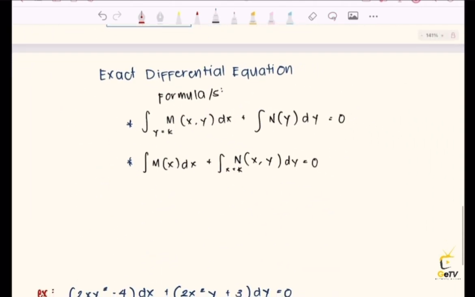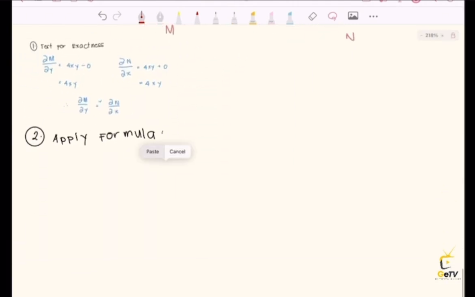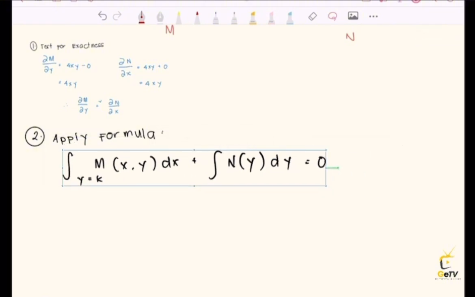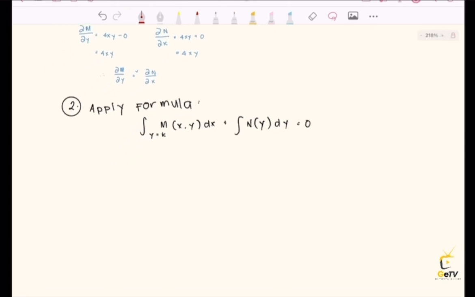The next step that we are going to do is the application of the formula. In this equation, we will use the formula integral of m of x and y dx plus integral of n of y dy equals 0, wherein y is the constant. But you can use any of those formulas because it will just give the same answer.